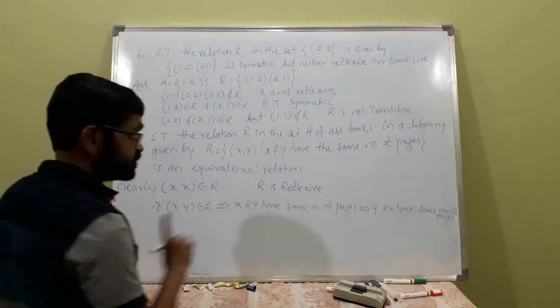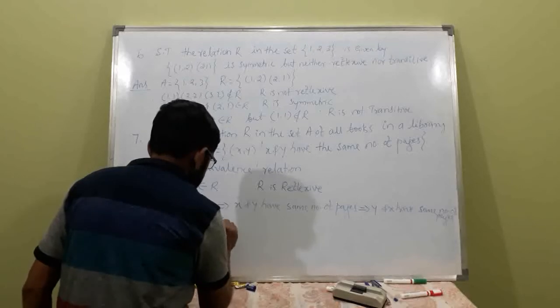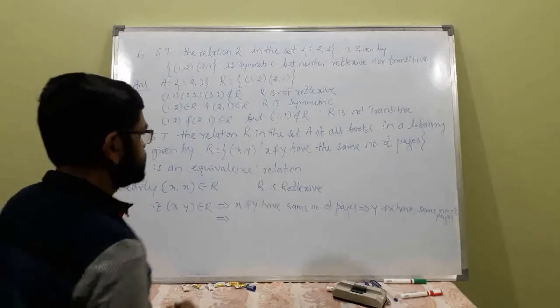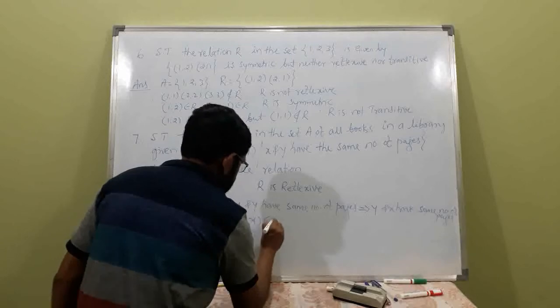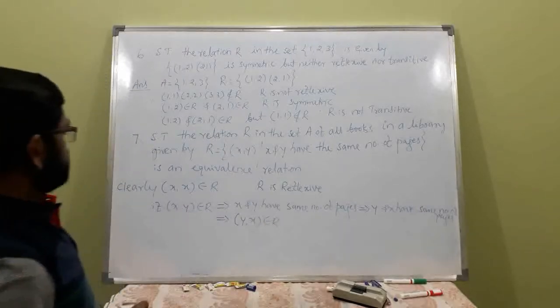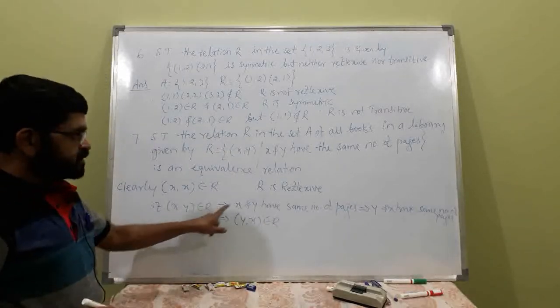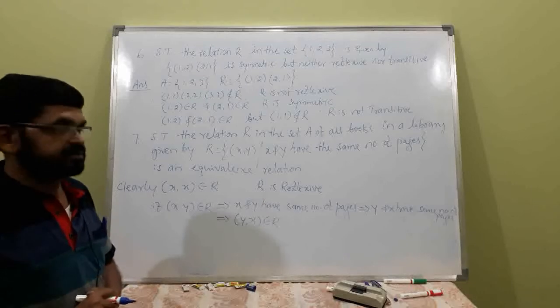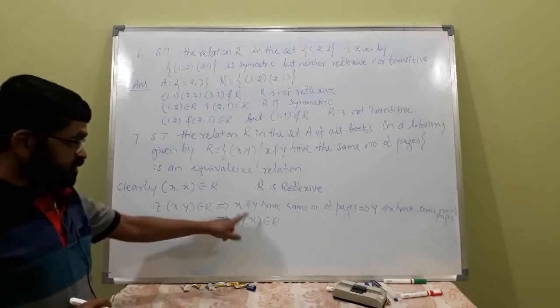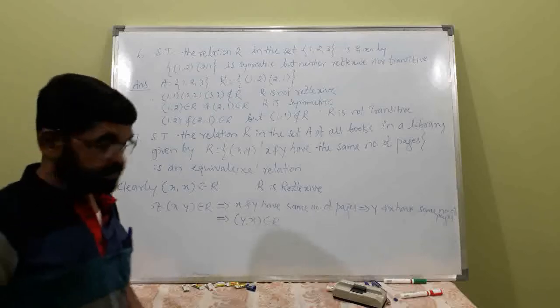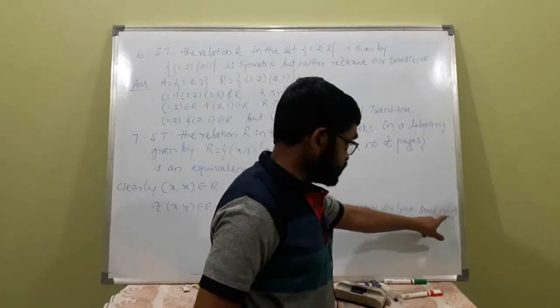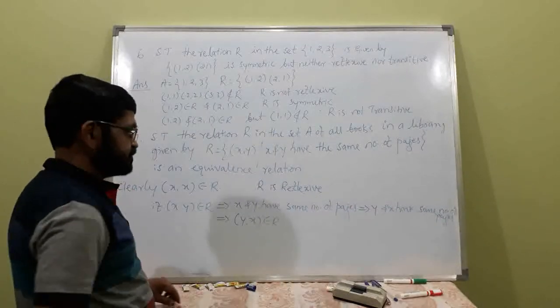Same number of pages, not same pages. This implies yx belongs to R. xy belongs to R means x and y have the same number of pages. yx belongs to R means y and x have the same number of pages.